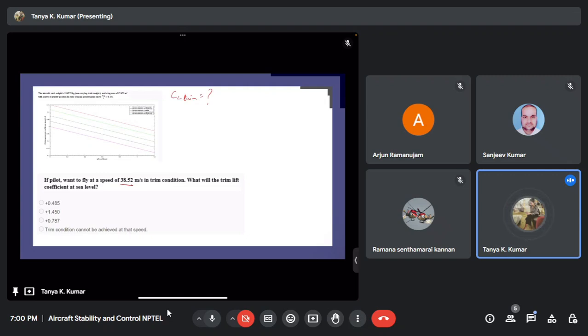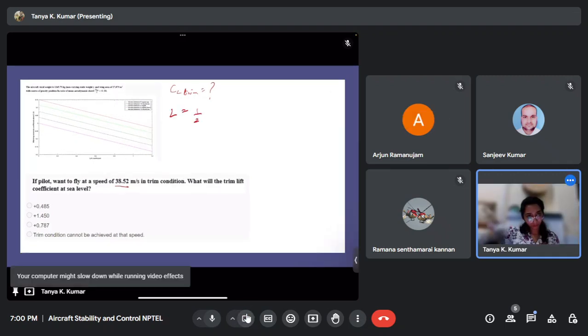So let's just try and solve this. We have lift equal to half rho V squared S CL, and at trim you have lift equal to weight.